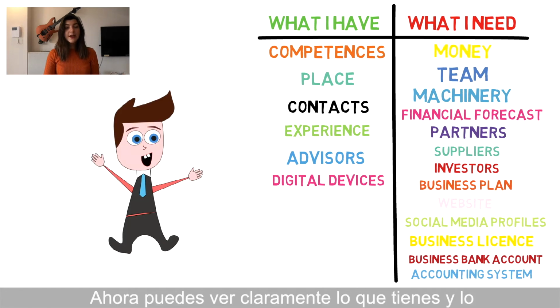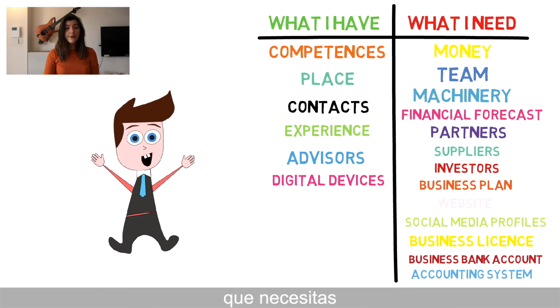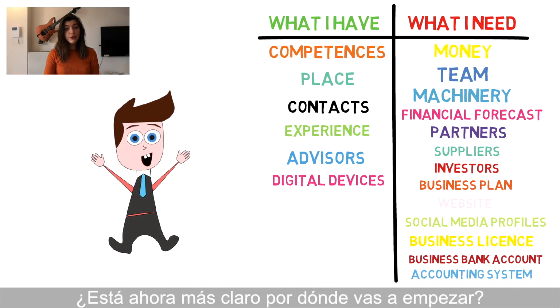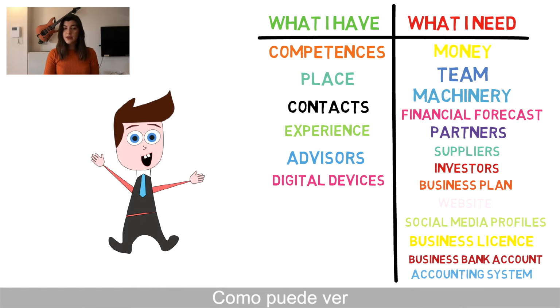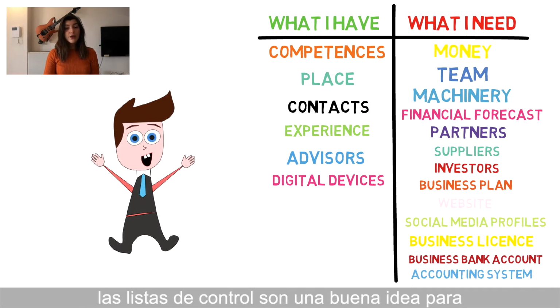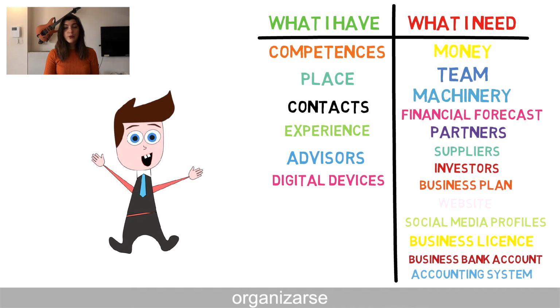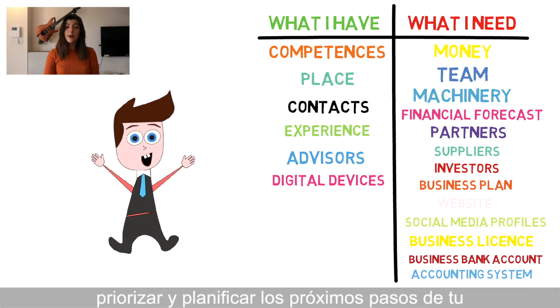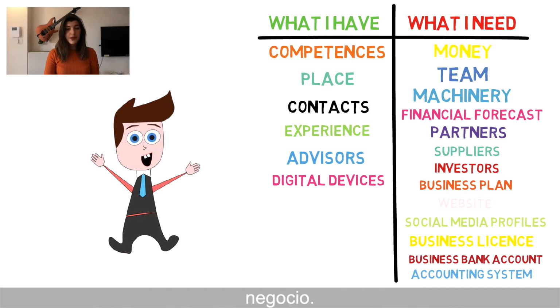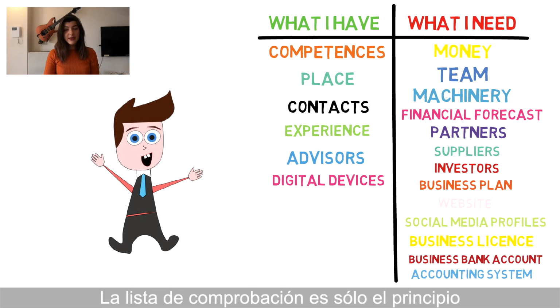Now, we can clearly see what you have and what you need. Is it now clearer from where you're going to start? As you can see, checklists are a good idea to organize yourself, to prioritize and to plan the upcoming steps for your business. Checklist is just the beginning in assessing your starting point.